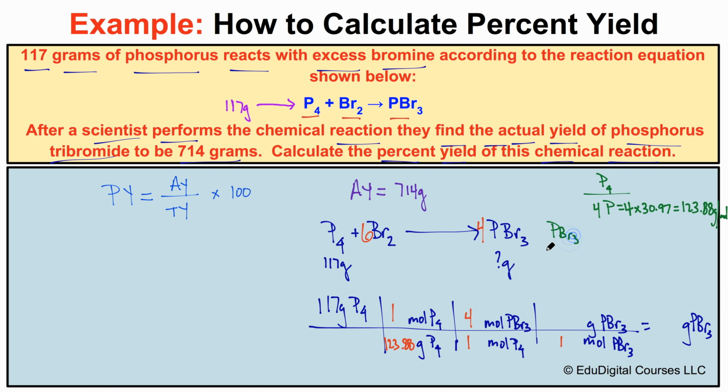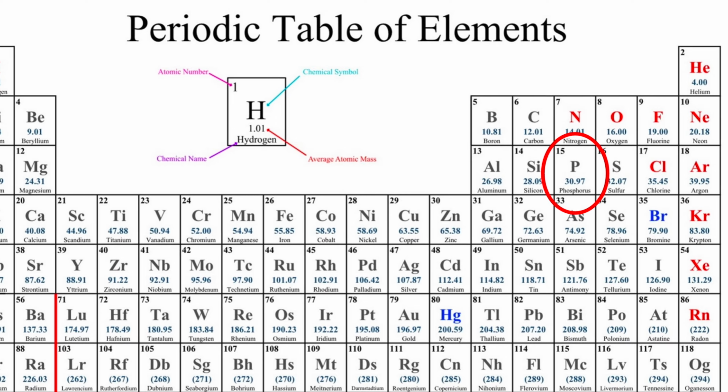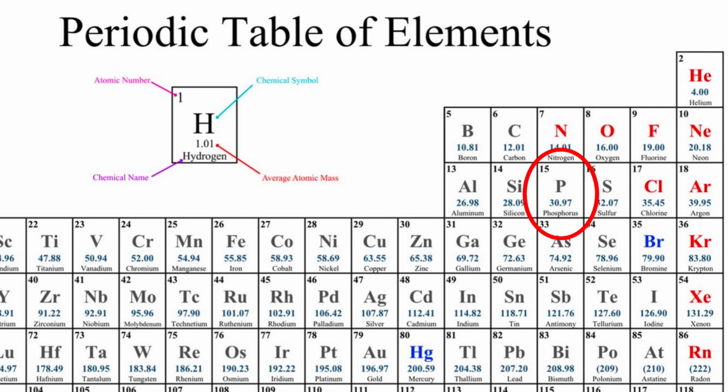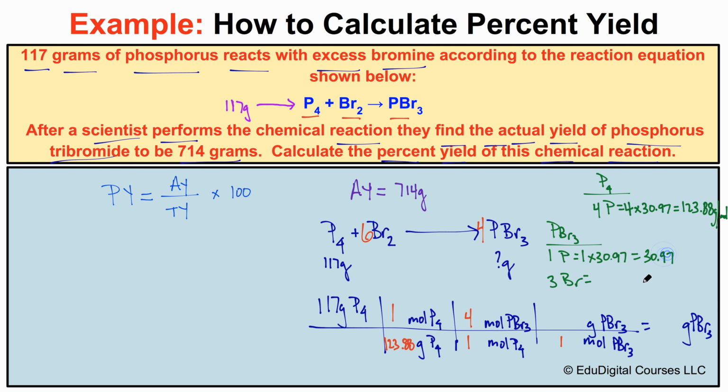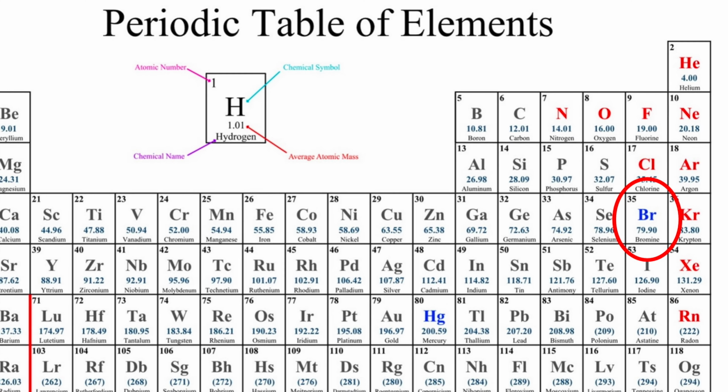PBr3, we can see that this compound is made up of phosphorus and bromine. There's 1 phosphorus, there's 3 bromines. So let's figure out the molar mass of this. 1 times the molar mass of phosphorus, which is 30.97. And then we have 3 times our molar mass of bromine, which if we take a look on that periodic table of elements is 79.90.